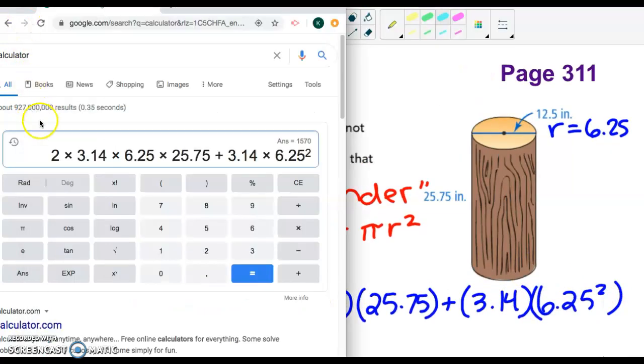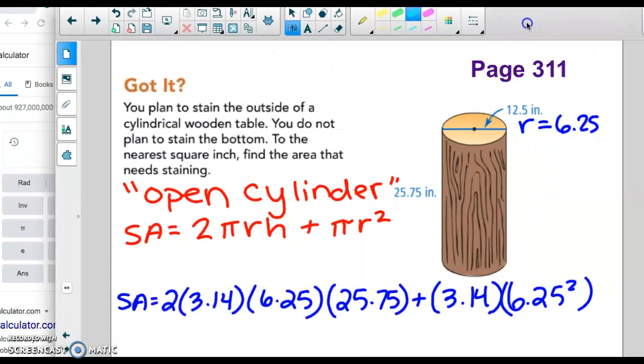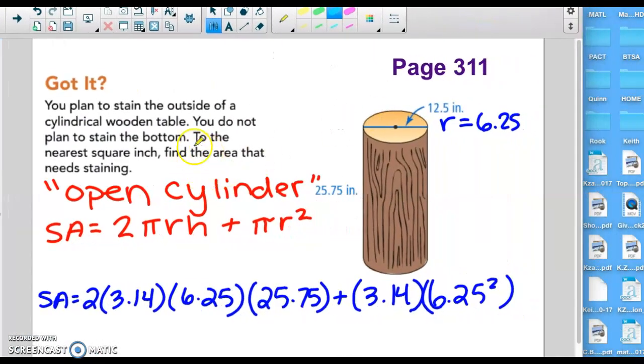Okay, and I went ahead and typed that into my calculator over here. I'm going to press equals, and we get a larger number with some trailing decimals. So I'm going to go back to page 311 and see what it says. It says, to the nearest square inch, find the area.